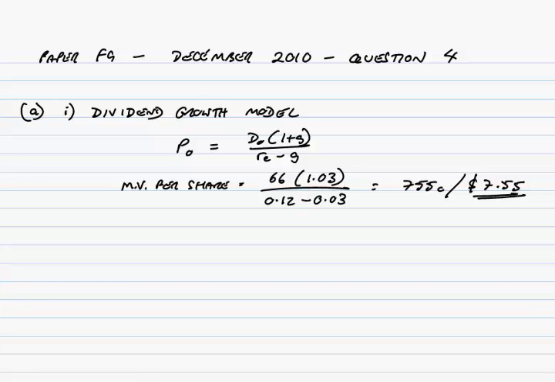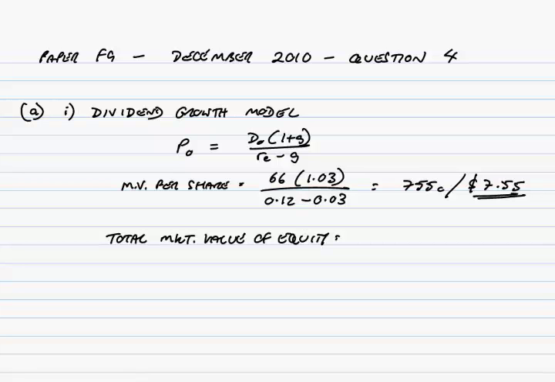However, that's per share. They want the total market value. So the total market value of the equity, how many shares are there? On the balance sheet, ordinary share capital, the equity, is 50 million. But be careful, if you look at the paragraph below the statement of financial position, the last sentence says the ordinary shares have a par value of 50 cents.